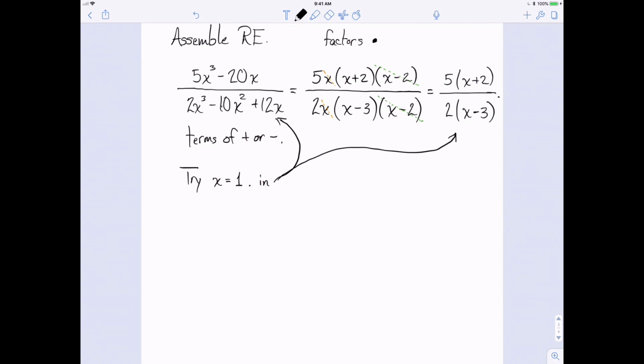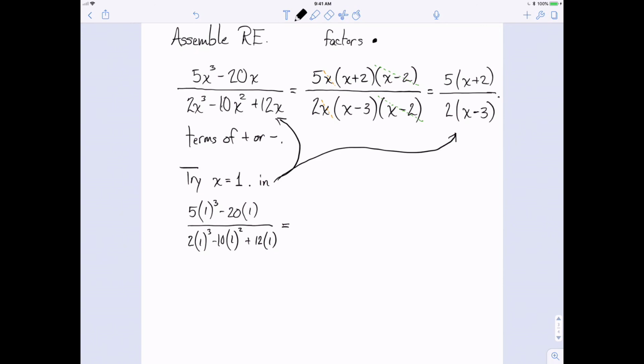In the first one, I would go 5 times 1 cubed minus 20 times 1 over 2 times 1 cubed minus 10 times 1 squared plus 12 times 1. 1 is a nice number to work with because 1 cubed is 1, and 1 squared is 1.